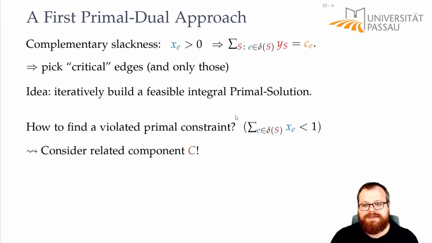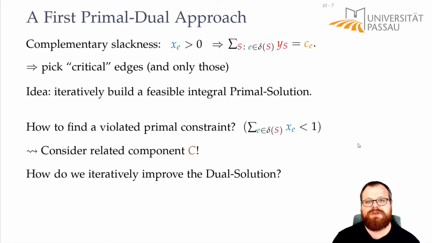If yes, then it's fine for all cuts between those. And if it doesn't, then we found one cut, exactly what is inside the component and what is outside, that is violated. So for every pair, we either quickly see all constraints are fine, or we find one that is violated.